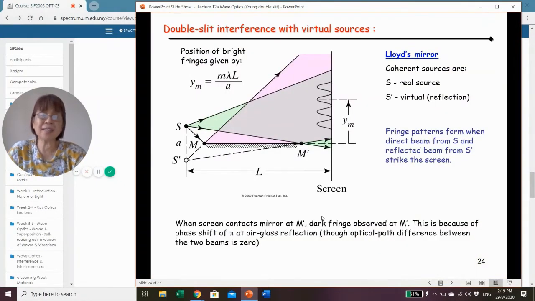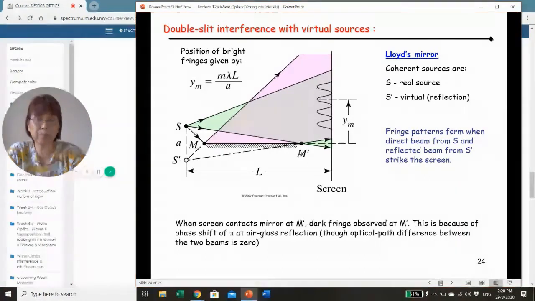Now, besides Young's double slit, we can make two sources which are coherent. Instead of using a double slit, we use a certain arrangement that gives us what we call virtual sources. For example, the first one is using a mirror.